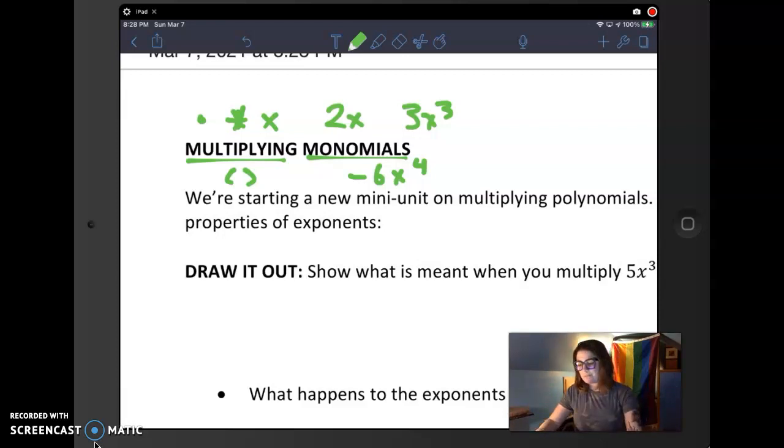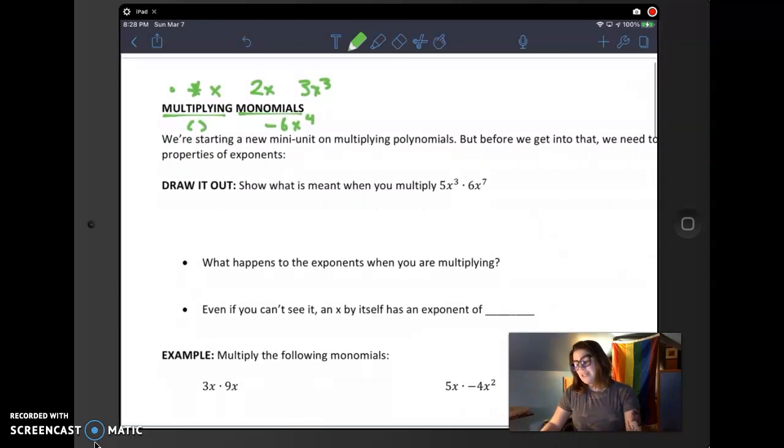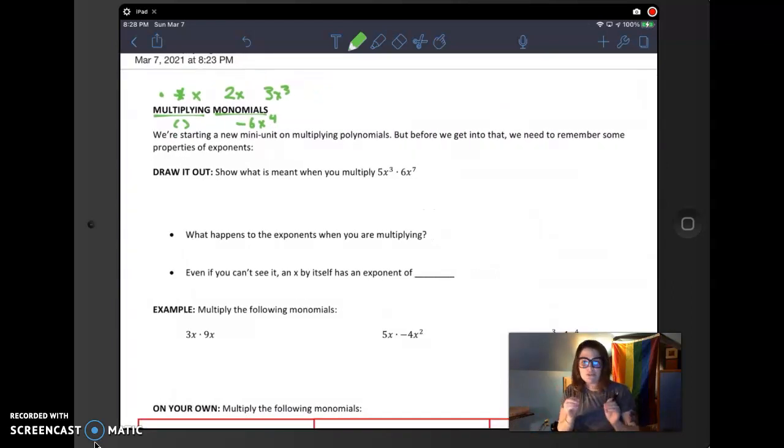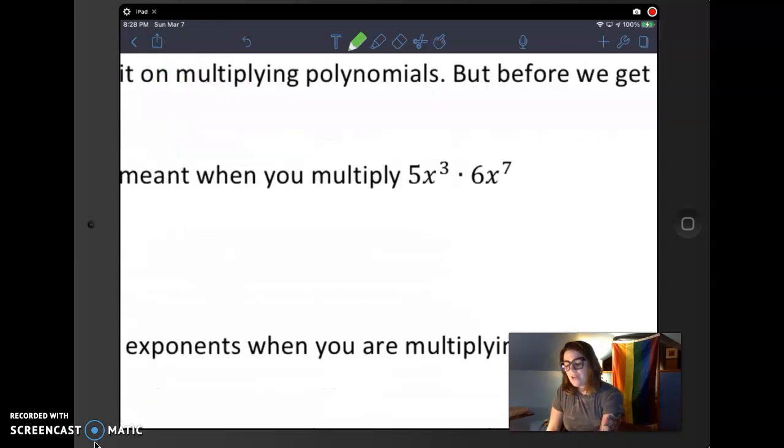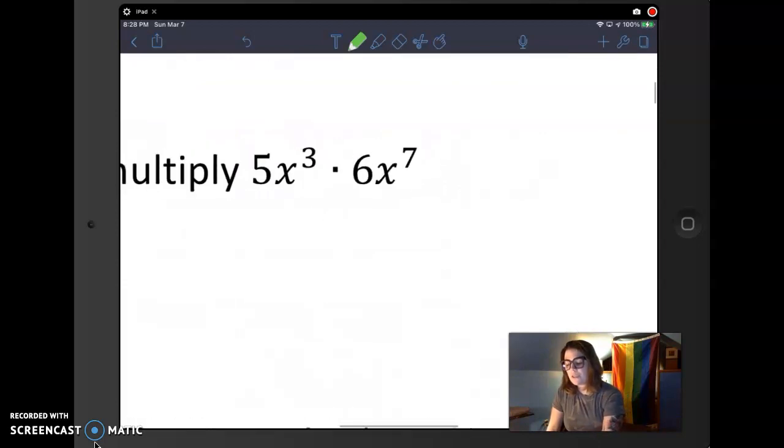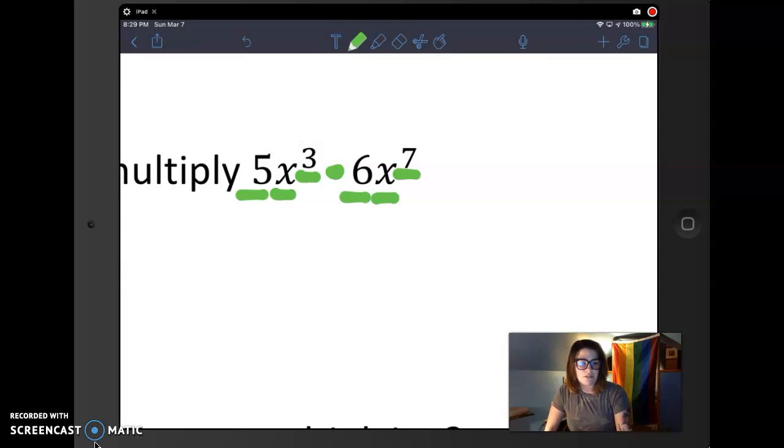That's pretty much it. So let's look into what we call the properties of exponents for a second. Basically, we're just going to be breaking apart the language of math. We have a couple of different things here in this first question. We have a big 5, we have an x, and then we have a small 3. We have the multiplication symbol. Then we have a big 6 in front of an x with a small 7 above it.